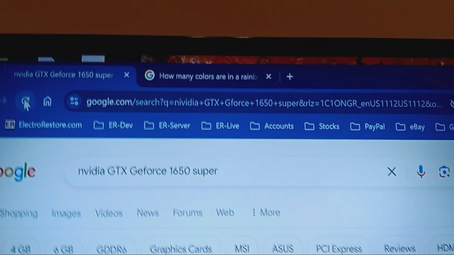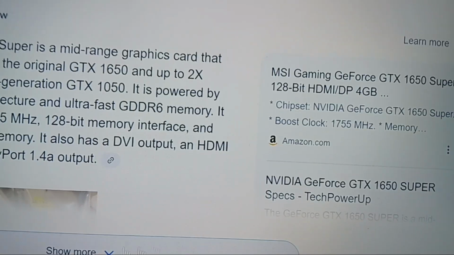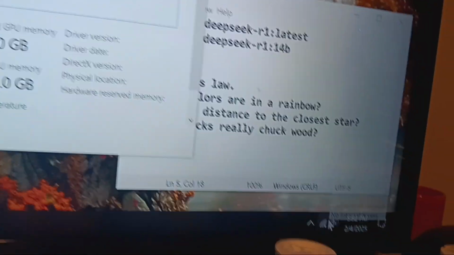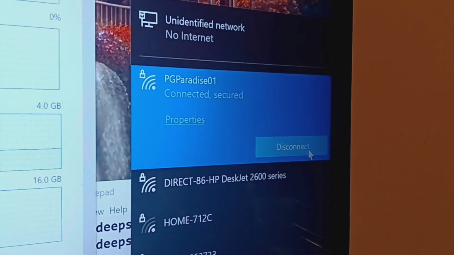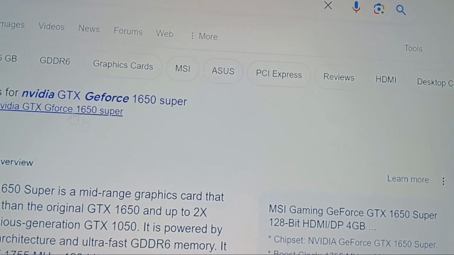All right. So if I refresh this page, you'll see the blue will go away. So I refresh the page up here, and we're online. So it goes back and it says the same thing. Now, if I close my internet, which you see is running right there, so if I open that up and disconnect, now I'm disconnected from the internet. Now if I refresh this page, you see it can't load.